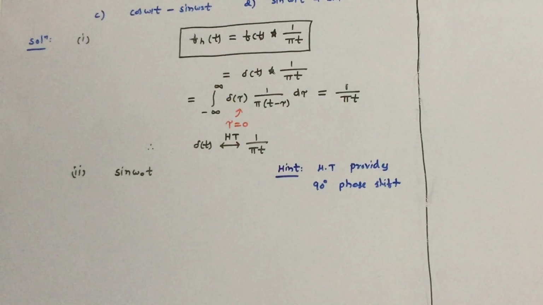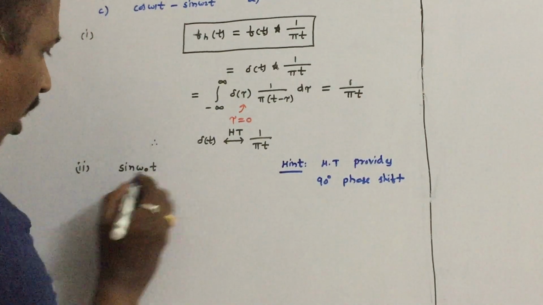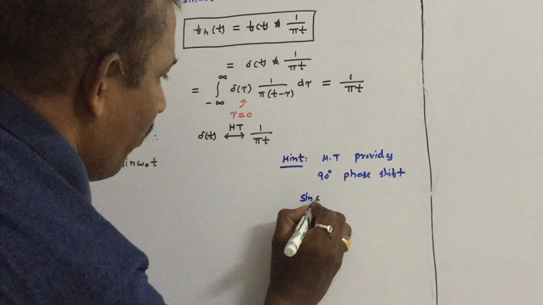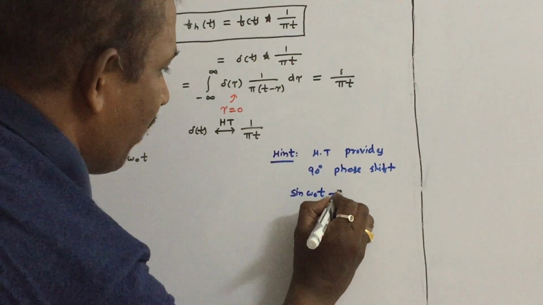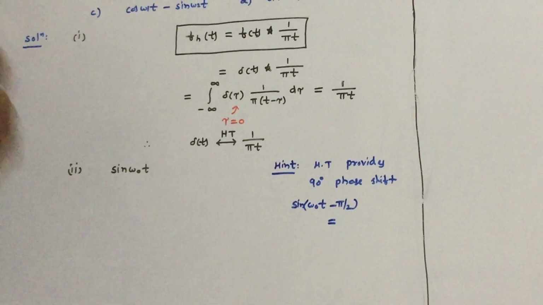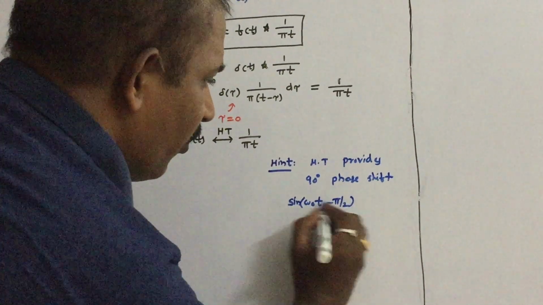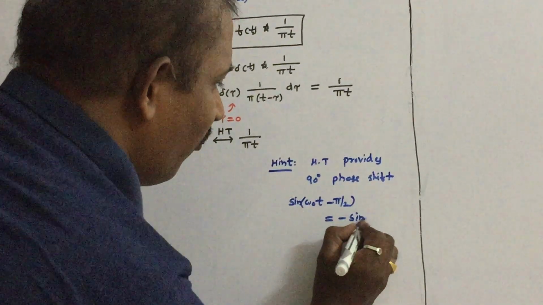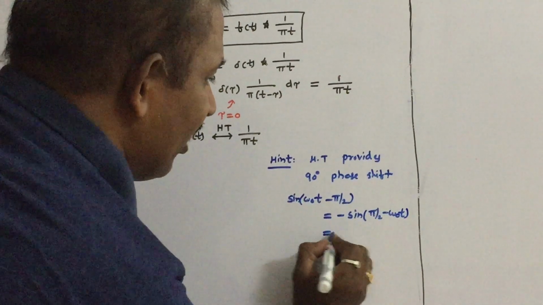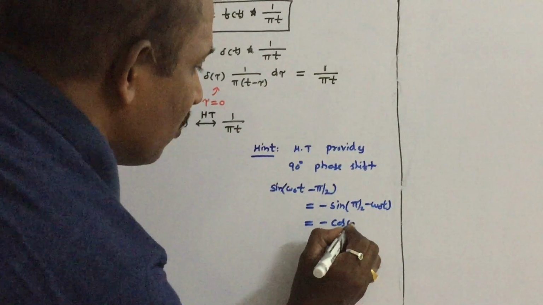By applying the shortcut method, just take sine of omega 0 t minus pi by 2. Substituting minus pi by 2, if you take minus as common, we get minus sine of pi by 2 minus omega 0 t, which gives us minus cos omega 0 t.